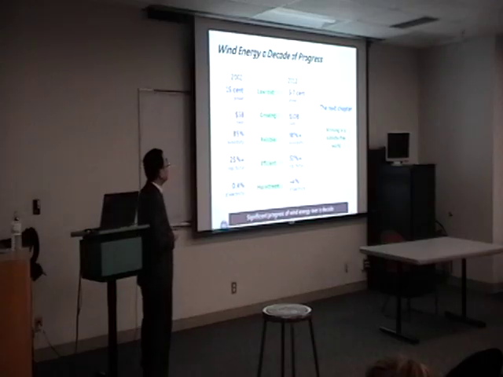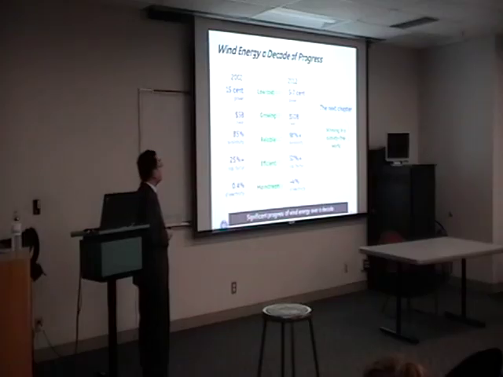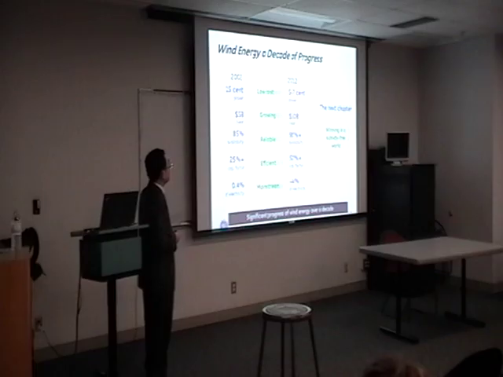Over the last decade, we have seen a significant price drop. In 2002, the wind energy price was 15 cents per kilowatt-hour. In 2012, the price was down to 5 to 7 cents per kilowatt-hour. The wind industry market was about $5 billion in 2002, but it has become about $50 billion in 2012.